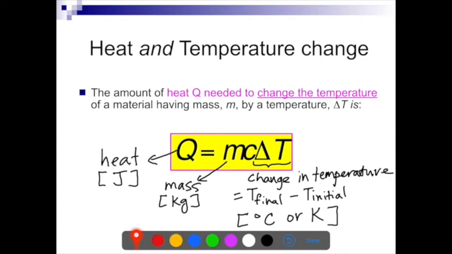To know which of these two units you need to use appropriately, we will have to look at the unit of C. So C here, C is a property of the material called the specific heat capacity. Or sometimes C is simply called specific heat.